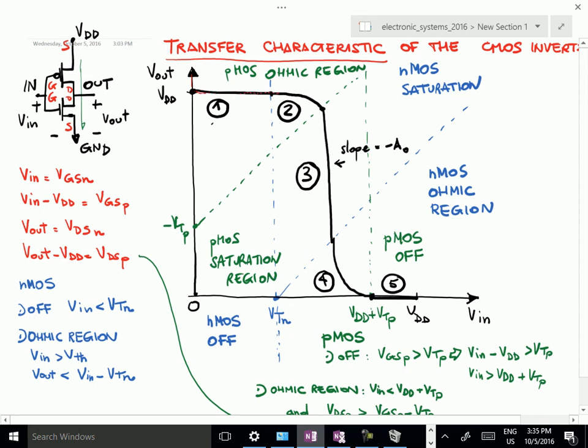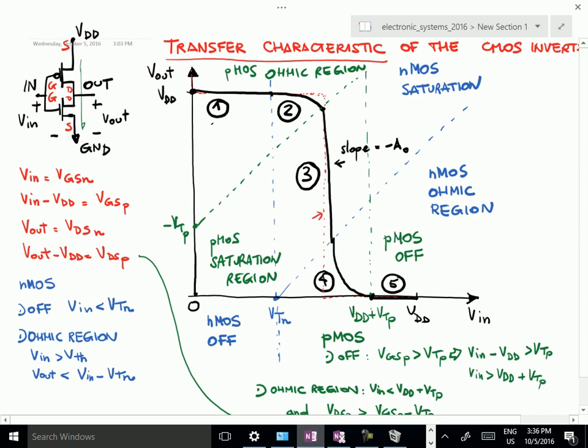The output voltage should be equal to VDD when the input voltage is between 0 and VDD half, and then the output voltage should abruptly go to 0 when the input voltage is between VDD half and VDD.